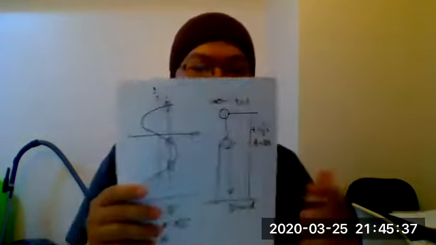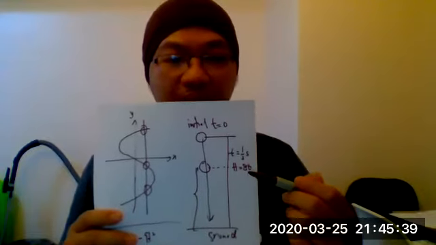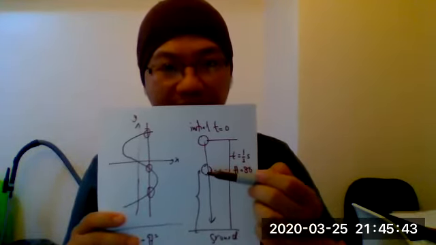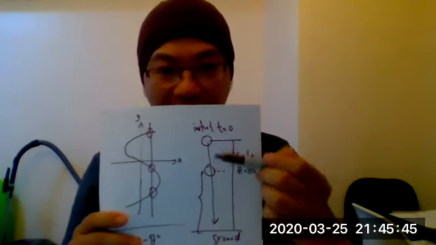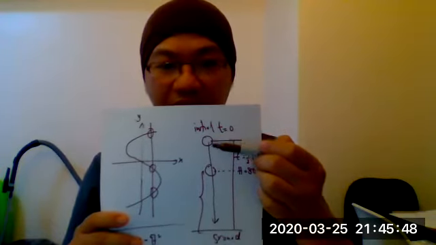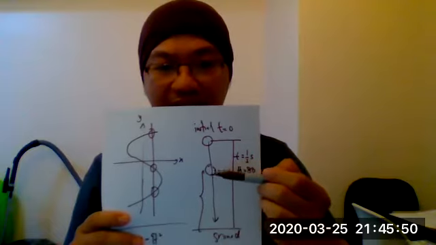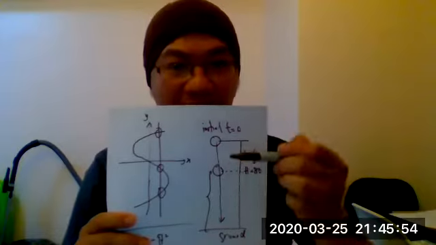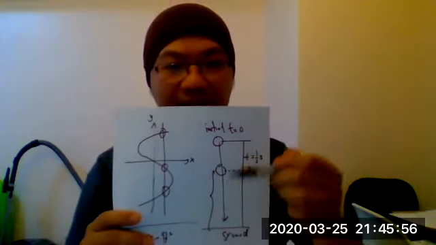Not from the origin to the circle here, but from the ground. Boleh faham? This is what we call height.